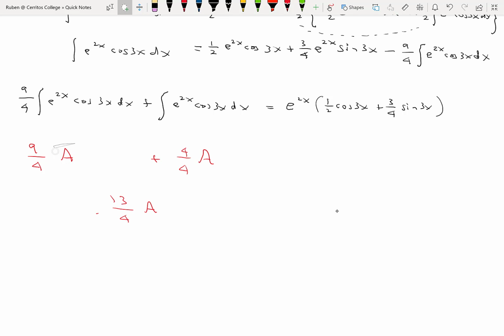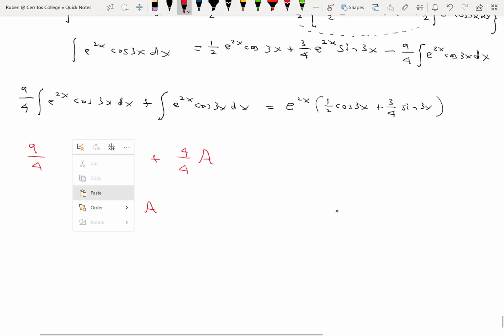I can't get rid of it. Let's see. I'm pecking at my screen. There it is. I guess it deleted it. We don't have 9/4 there. We have the integral of e to the 2x cosine of 3x.